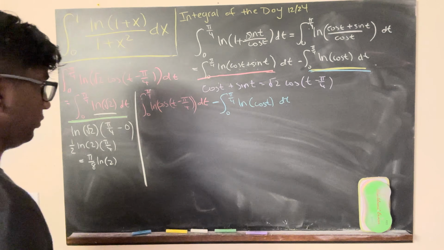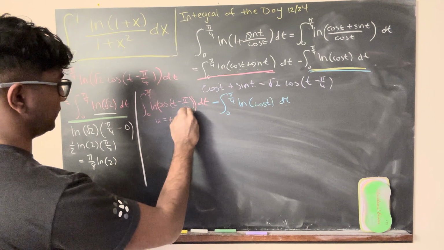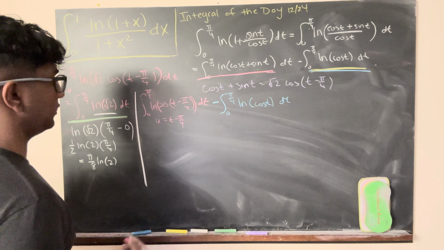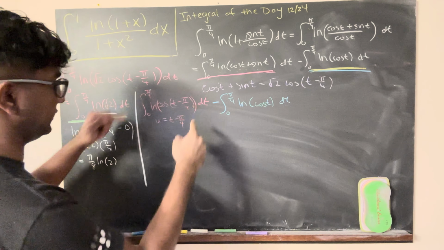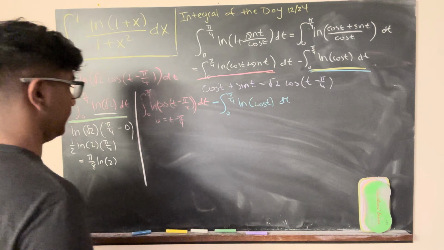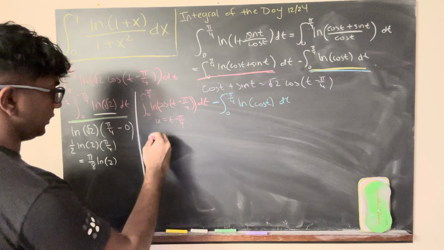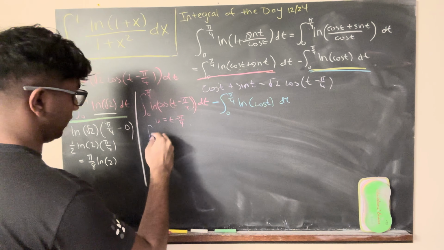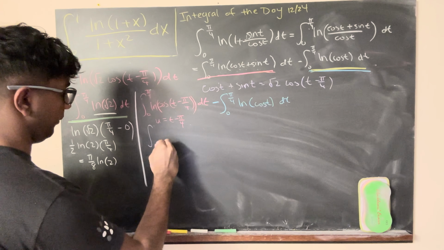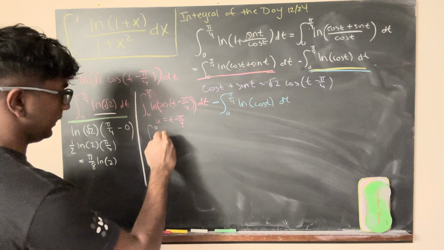So what we can do is a simple u substitution here, for u equal to t minus pi over 4. You can also mentally do this as well. You can mentally just replace the bounds and just make this into t. But I'll just show the process. So if u is equal to t minus pi over 4, then our new bounds, I'll do this in purple, are 0 minus pi over 4, negative pi over 4, and pi over 4 minus pi over 4, 0.